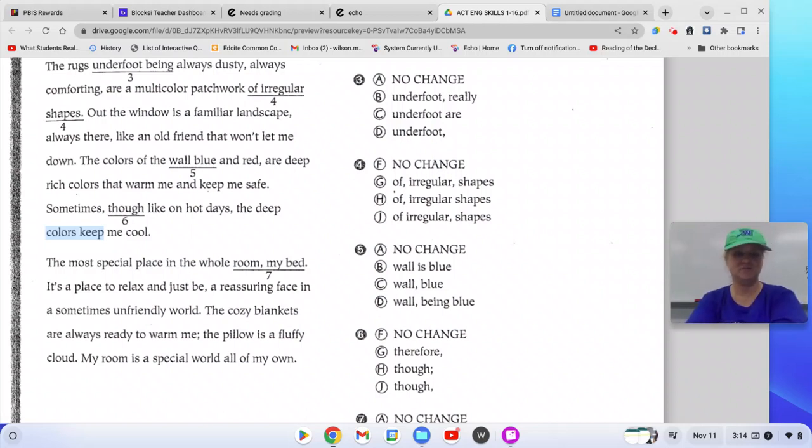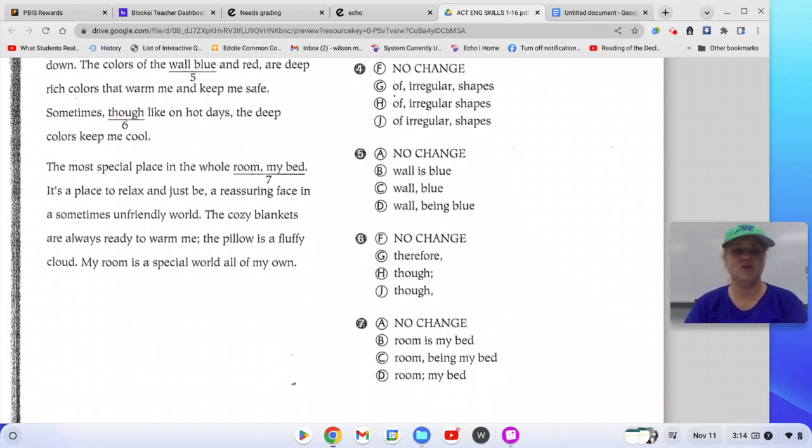I paused after sometimes and I paused after though. We're not changing it to that, so it's not no change. We're not adding in the word therefore. If it was though, then we'd have a sentence. "Sometimes though" is not a sentence. So it's not F, G, or H.